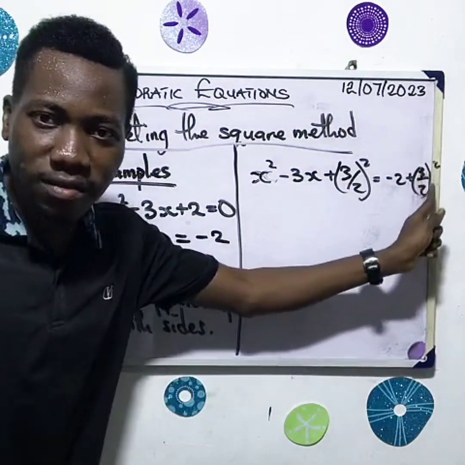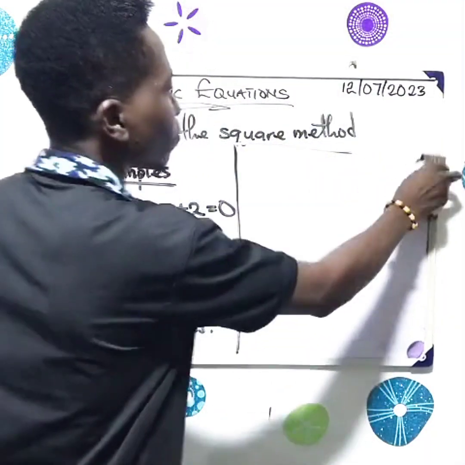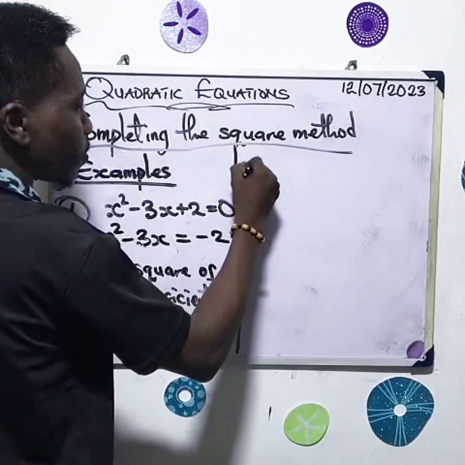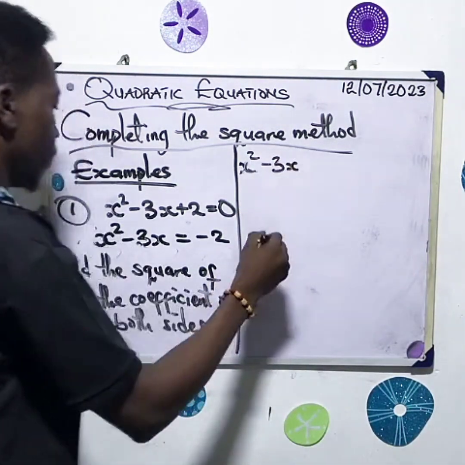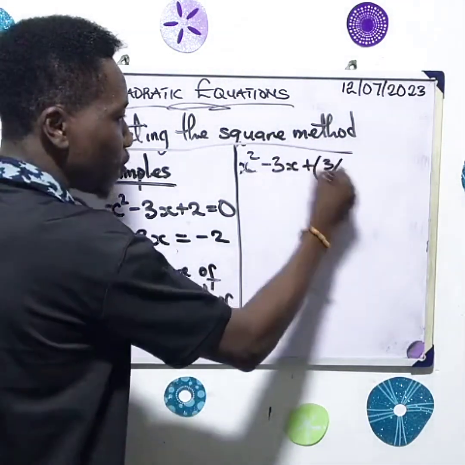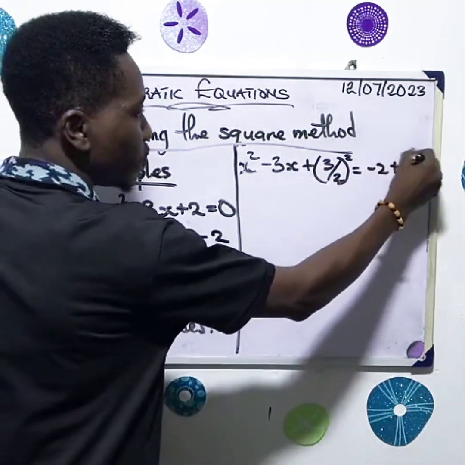You add it also on this side. I hope we can see it. Let me write it well. So we're going to have x squared minus 3x plus half the coefficient of x squared, minus 2 is here, then the same thing.